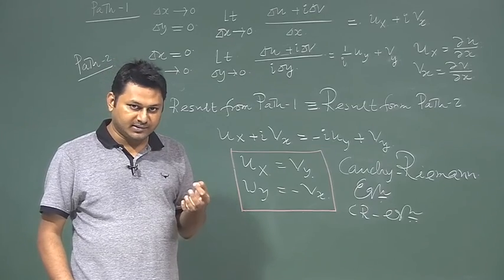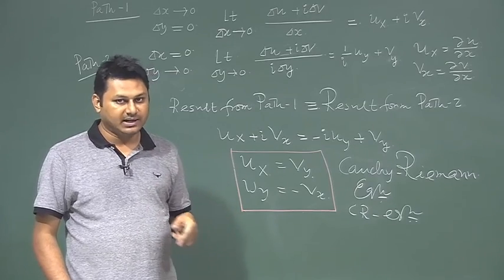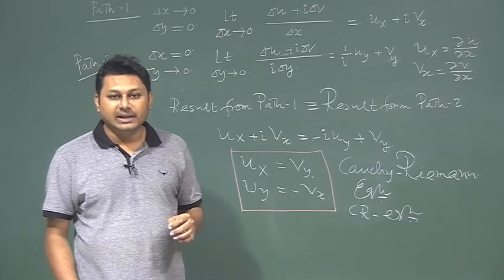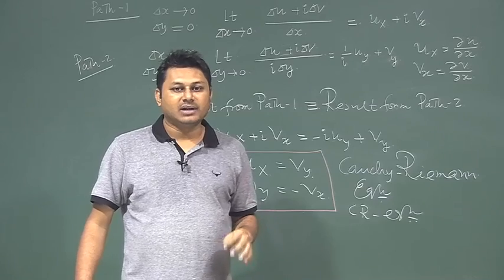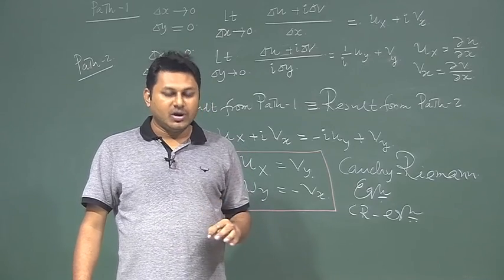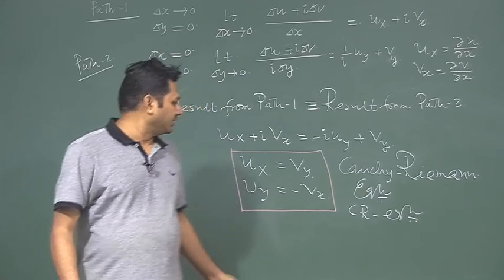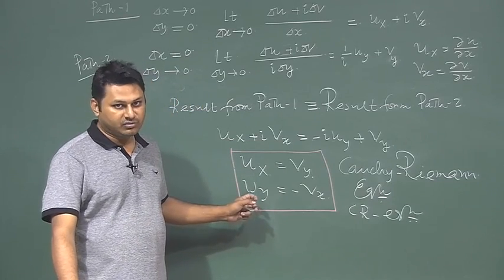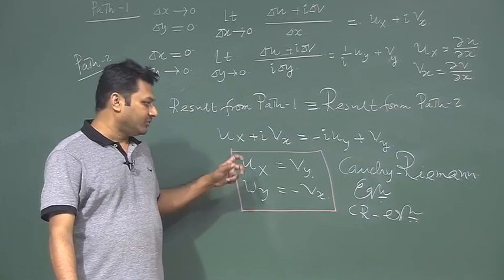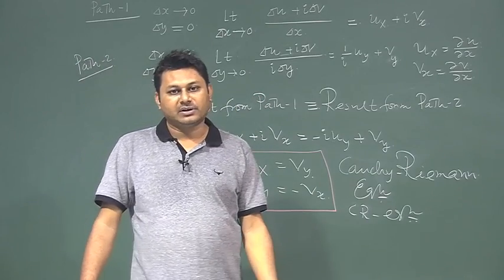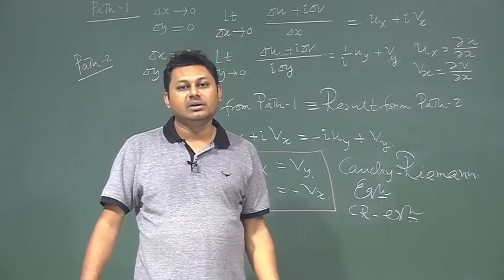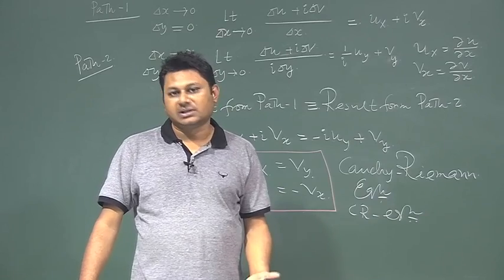If a function has a derivative at a particular point z and in a neighborhood of z, then this function has a special name in complex analysis terminology: it is called an analytic function. So in order to have an analytic function, this condition must be satisfied. With that I will stop here. In the next class we will see how the analytic function behaves and what the exact meaning and definition of an analytic function is.